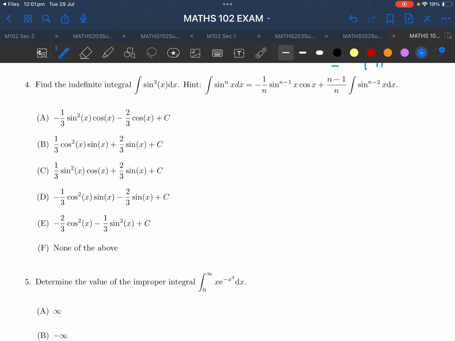Next, find the indefinite integral of sine cubed. And he's already giving me the formula to do the sine cubed. He says if you want to find the sine cubed, just substitute n equal to 3.